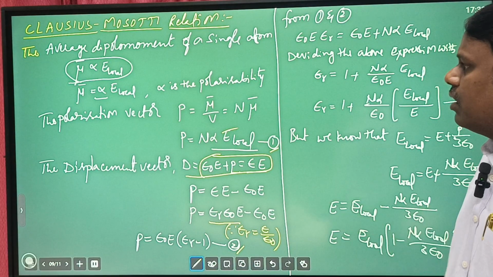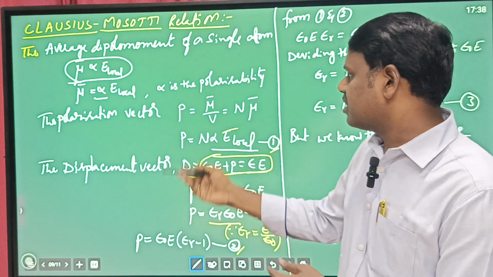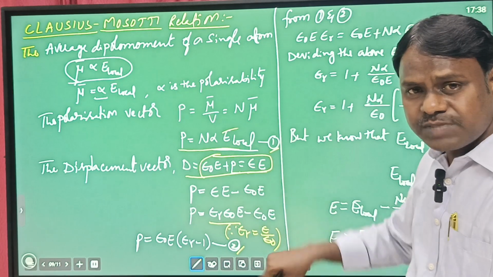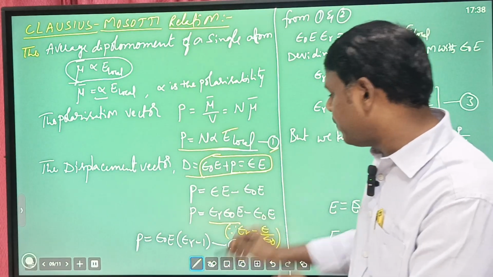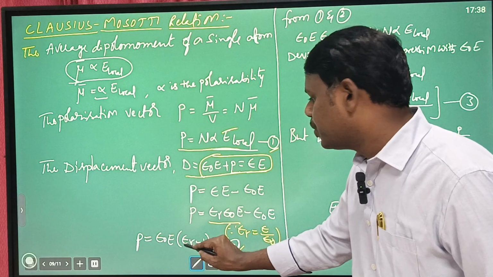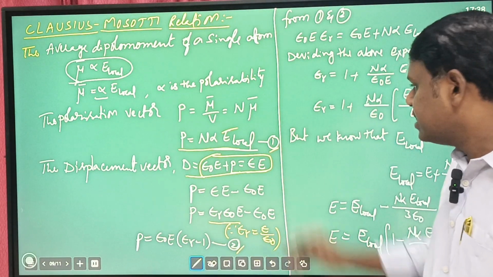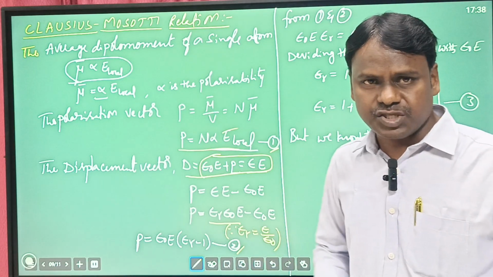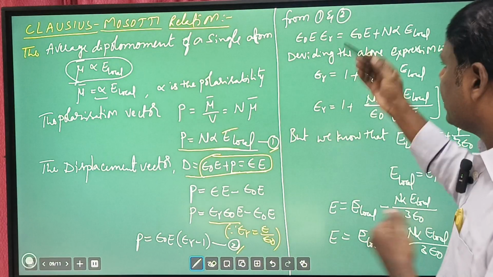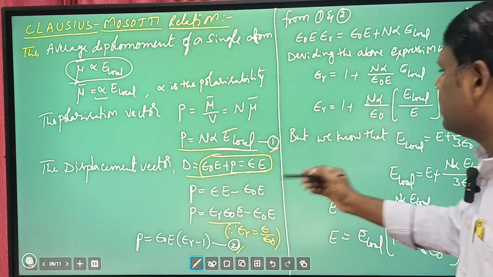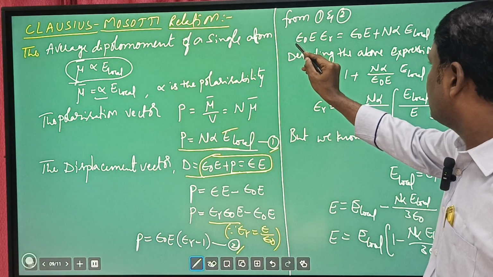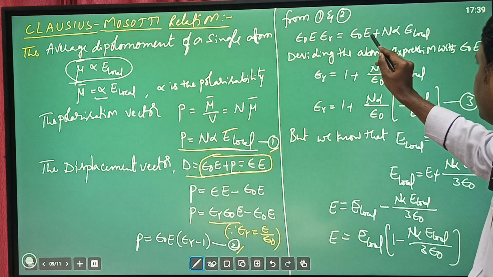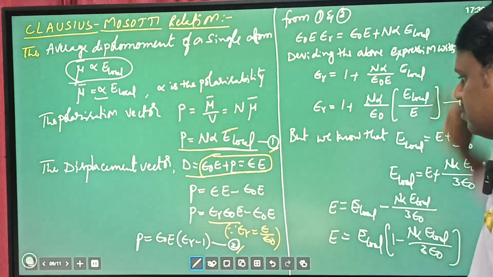So we have derived the polarization vector P is equal to N alpha E local, and from the displacement vector we have derived the value of P as epsilon naught E into epsilon R minus 1. These two, equation number 1 and equation number 2, are the values of polarization vector P. If we equate these two values, we get epsilon naught E into epsilon R is equal to epsilon naught E plus N alpha E local.